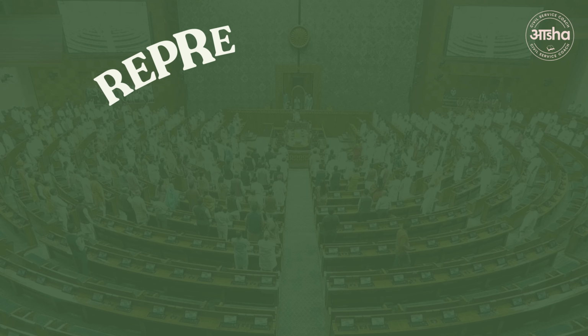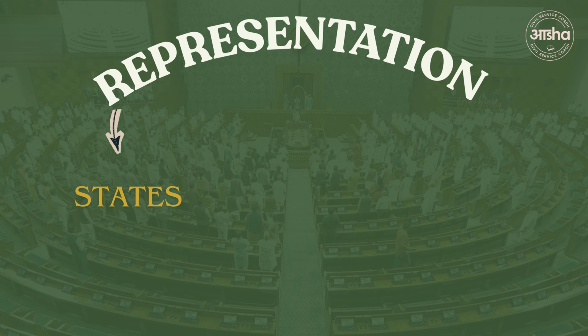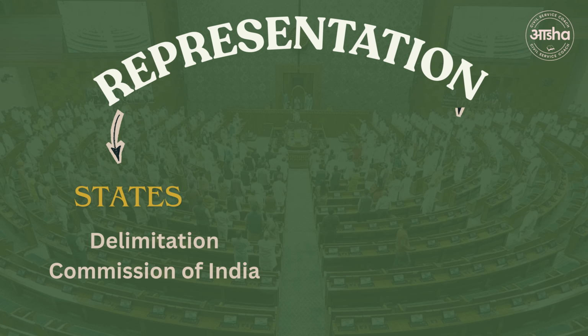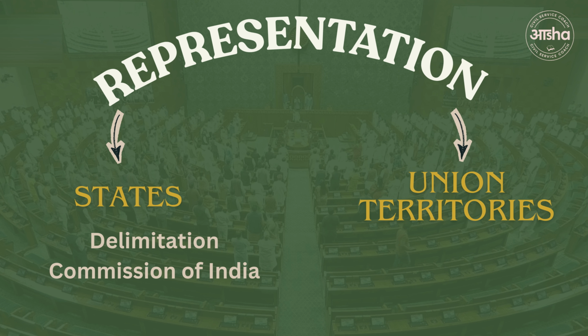The representation of states in Lok Sabha, that is, the allocation of seats and drawing the areas of constituencies, is done by the Delimitation Commission. But in case of the union territories, the number of seats is fixed as per the constitution. That is, the upper limit is 20. So the allocation of seats, which UT gets seats, and how many, is done by the parliament.